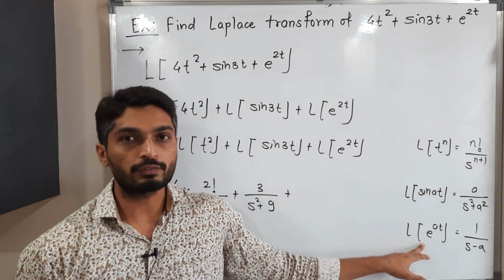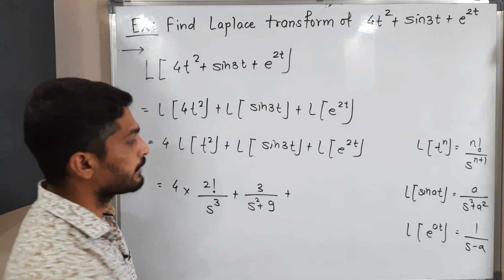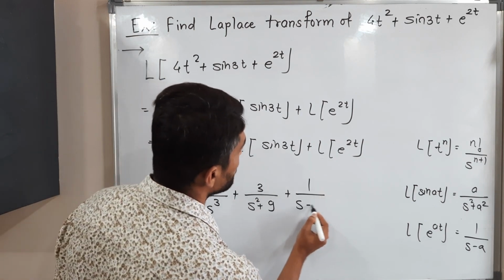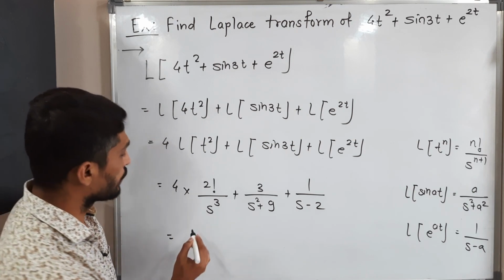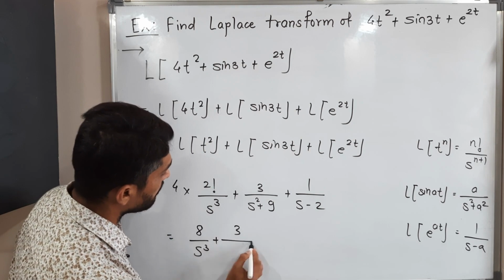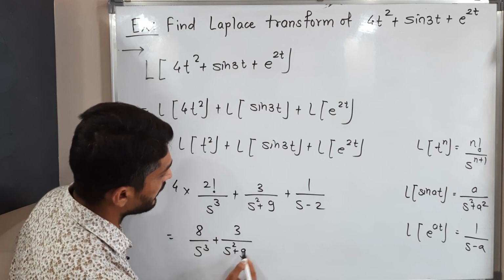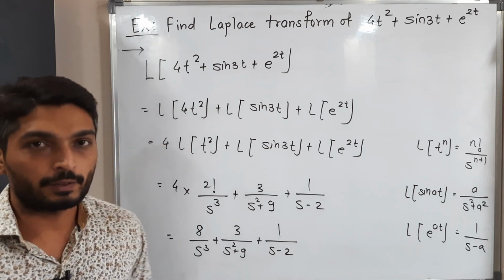Here a is equal to 2, so we will have 1 upon s minus 2. Let me simplify it. 2 factorial means 2, and 2 into 4 we will have 8 upon s cube plus 3 upon s square plus 9 plus 1 upon s minus 2. So this is the required answer.